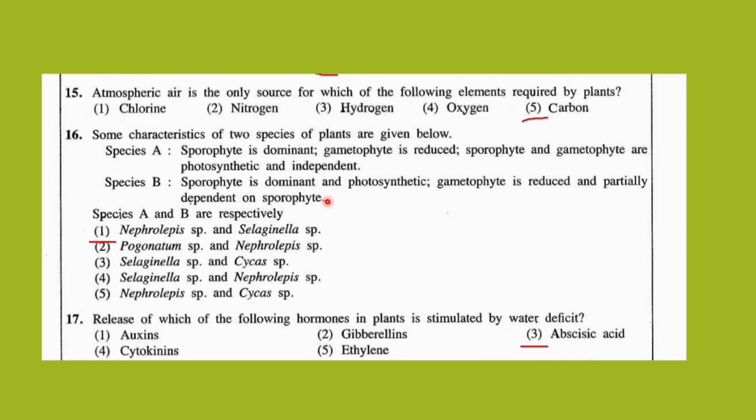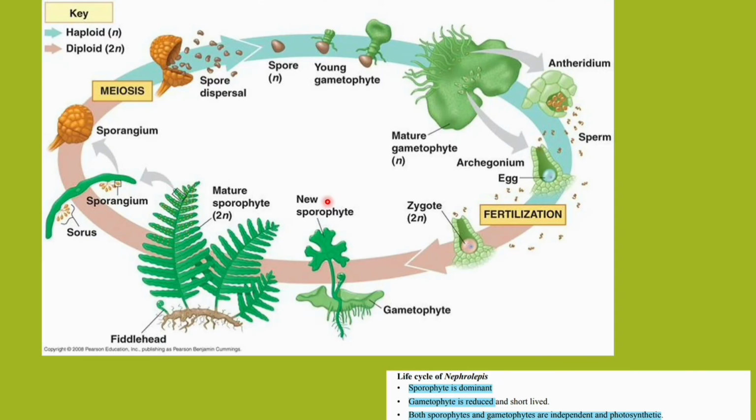So we know Nephrolepis, this is the life cycle of Nephrolepis. Nephrolepis has a dominant sporophyte and a reduced gametophyte. And both sporophytes and gametophytes are independent and photosynthetic. So the species A is basically Nephrolepis.